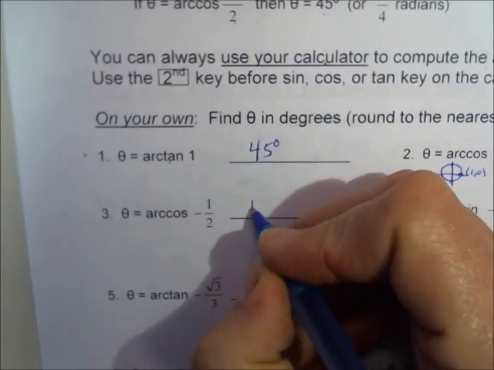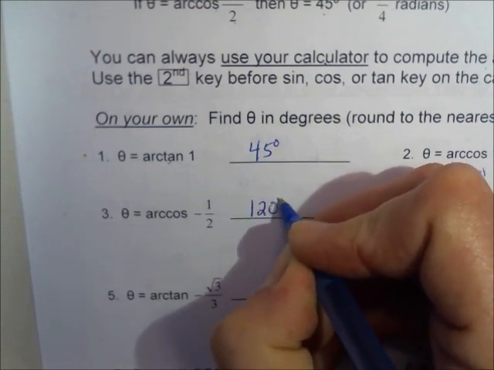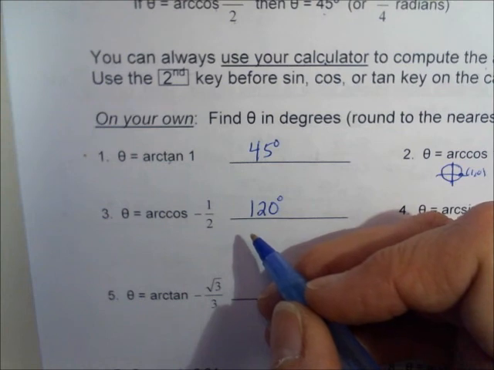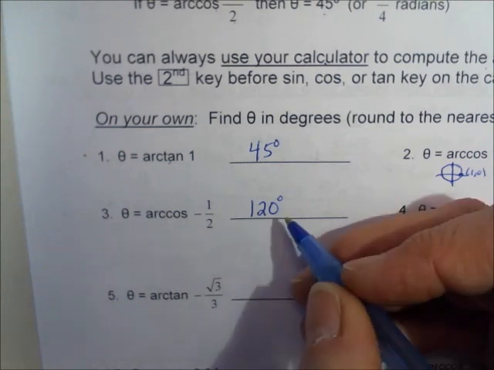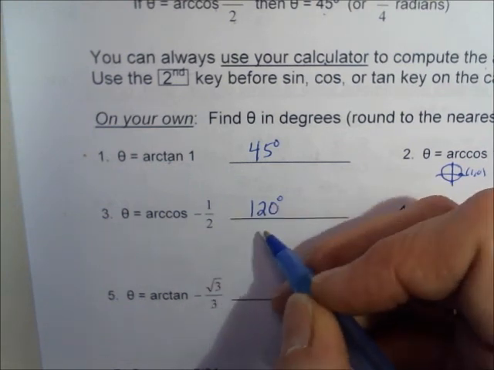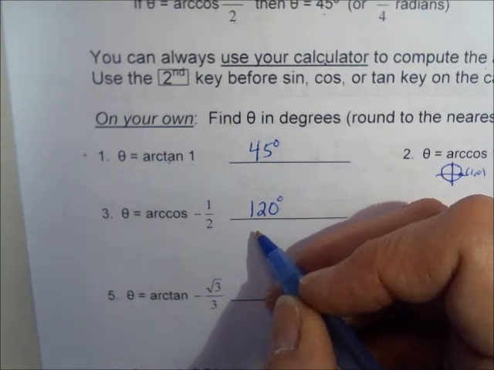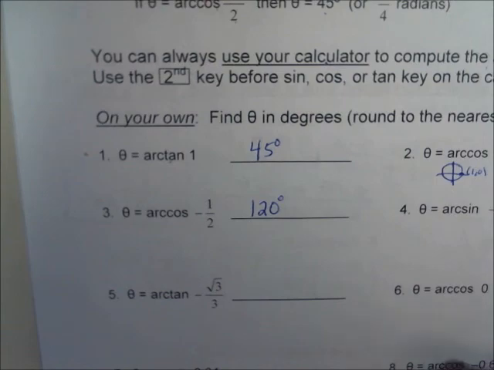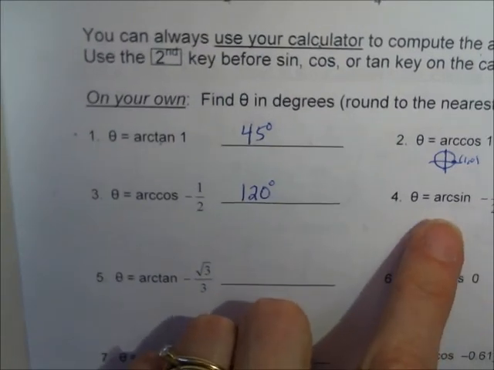So what your calculator says is the right answer for the arc questions, 120 degrees. You don't have to go through the whole process of getting a reference angle and then finding the quadrant 2 angle and the quadrant 3 angle. There's only one real answer to this, and that's 120 degrees. And we're going to study arc a little bit more in other chapters. So just trust your calculator on this.